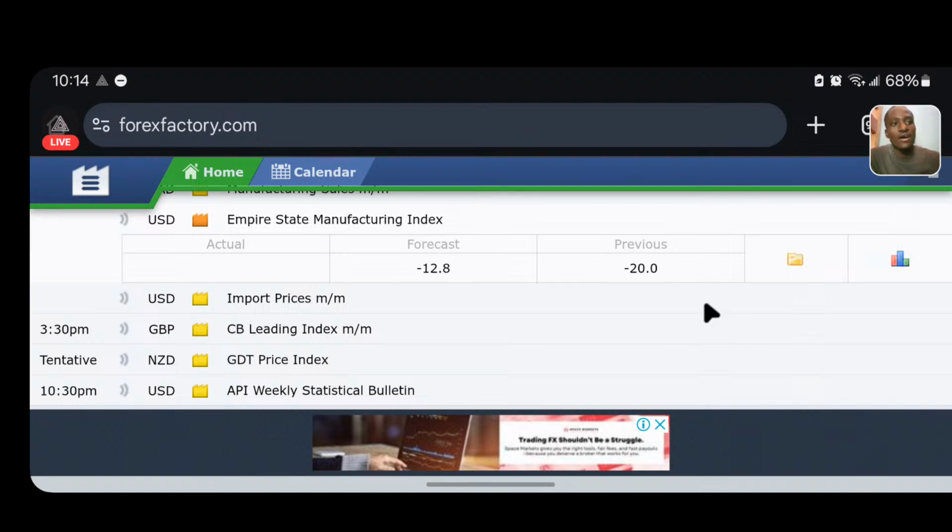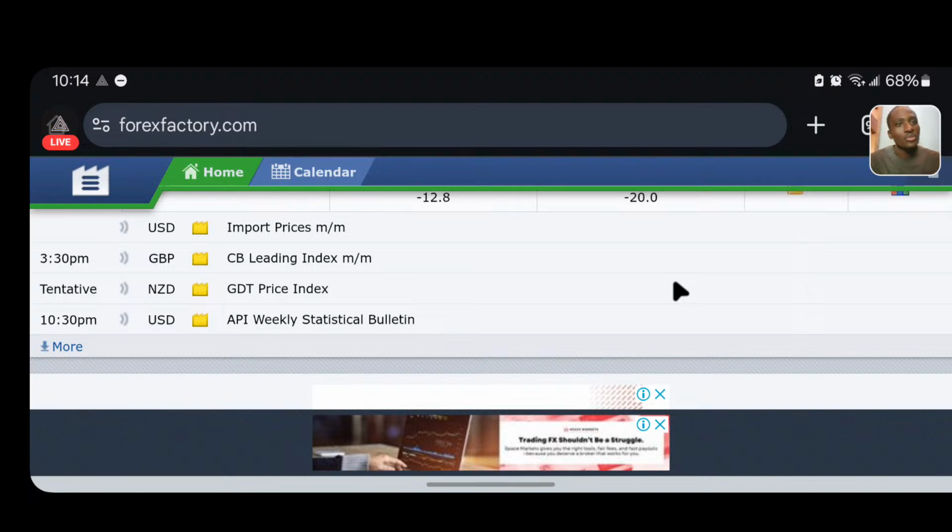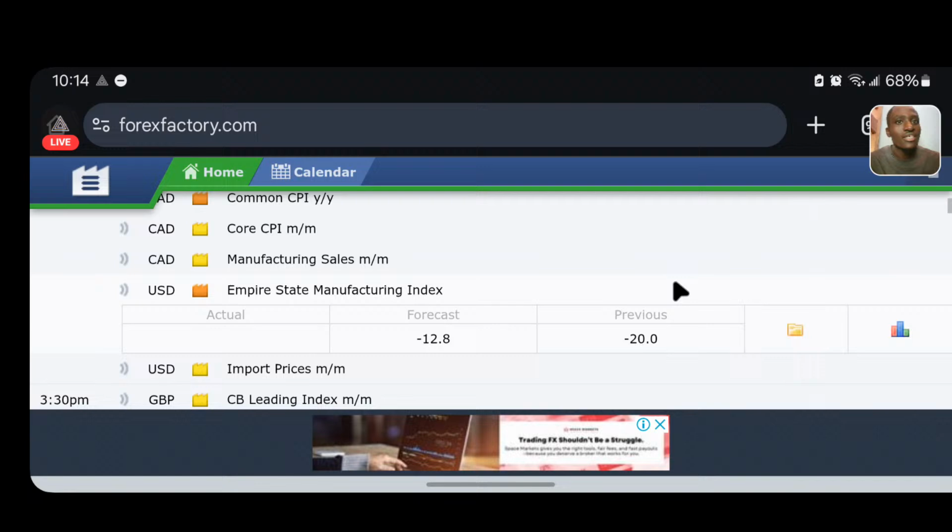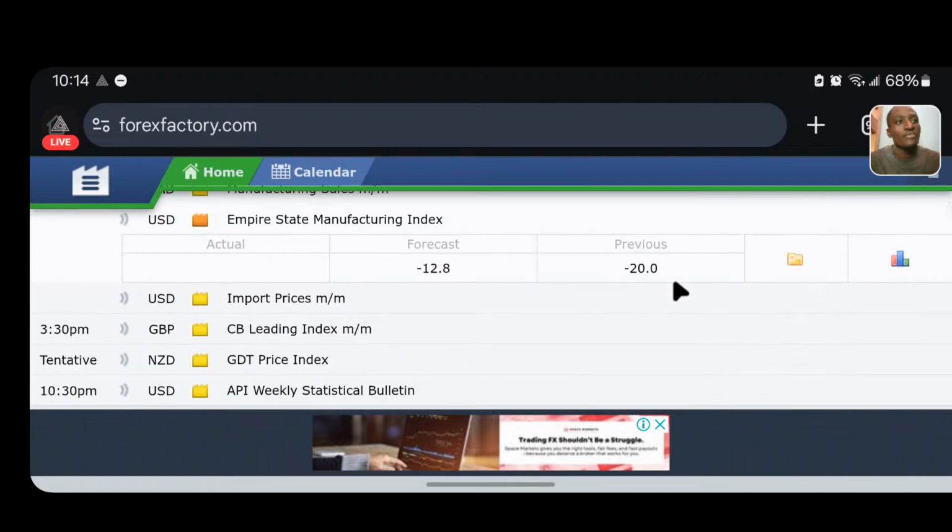So let's start with gold. First things first, you want to come to Forex Factory. There are actually many websites that you can use to analyze charts, to analyze news and see news events, but I myself use forexfactory.com.